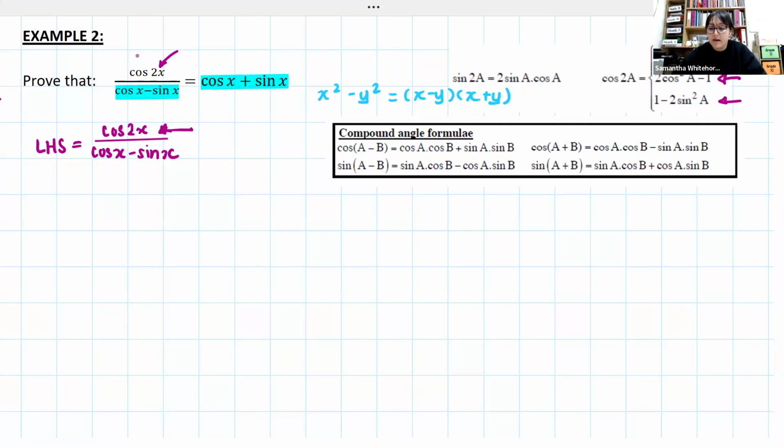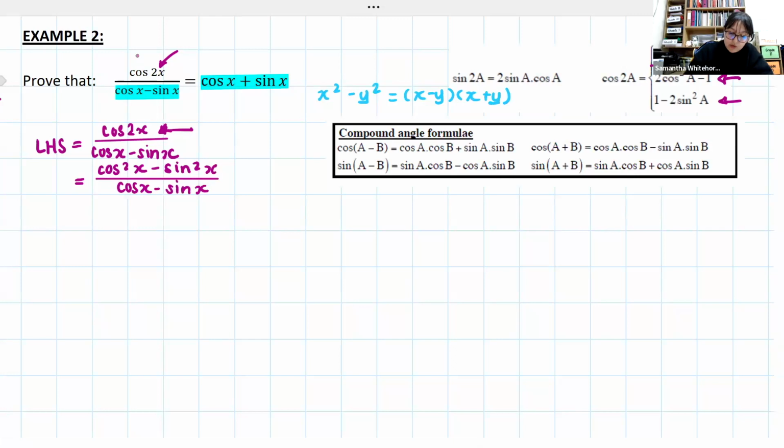The only one I can factorize straight off the bat is cos squared minus sine squared, because that's the difference of squares. So that's what I'm going to change this to: cos squared x minus sine squared x, all over cos x minus sine x.